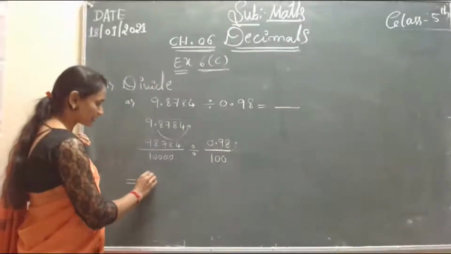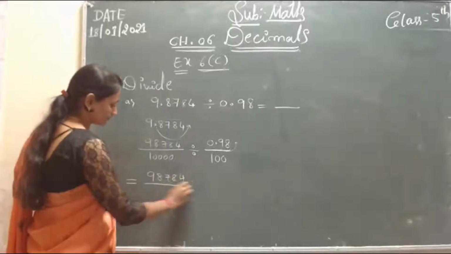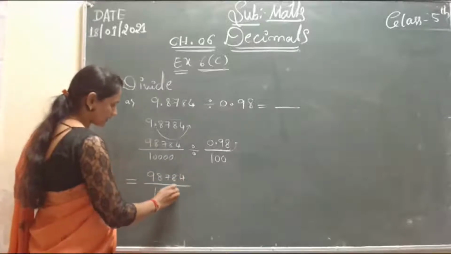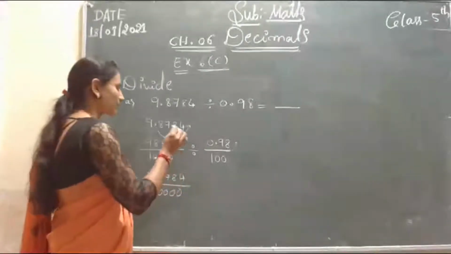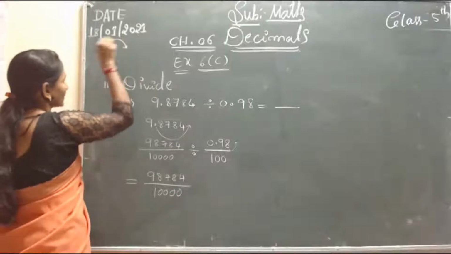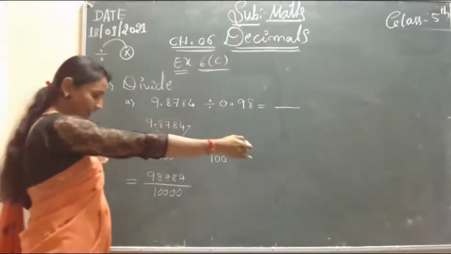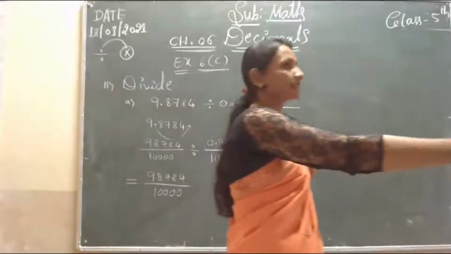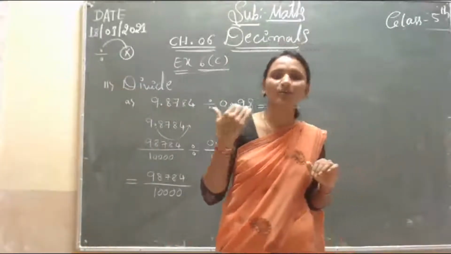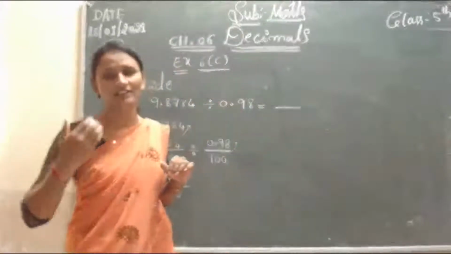Next, you have to write 98784 by 10,000. Students, you know the division has to be converted into multiplication. The numerator and denominator will change: the numerator becomes the denominator, and the denominator becomes the numerator.